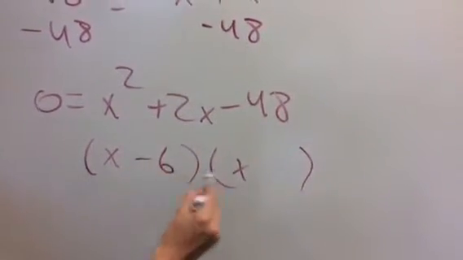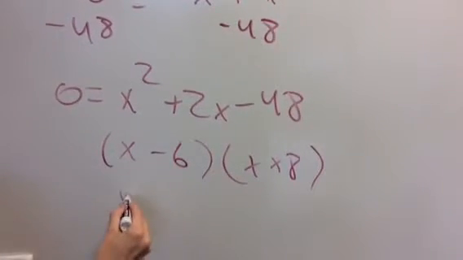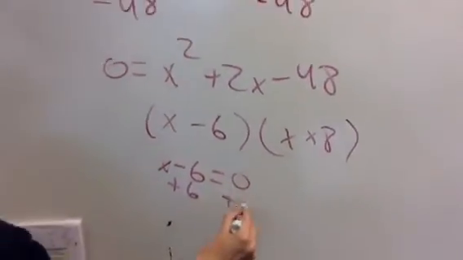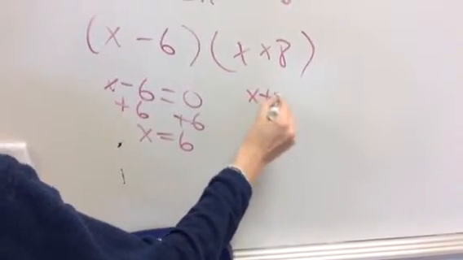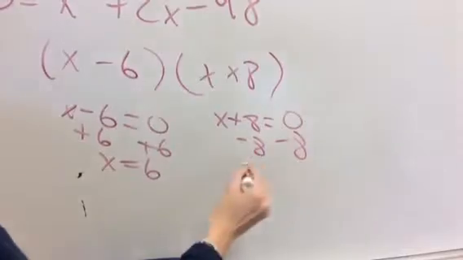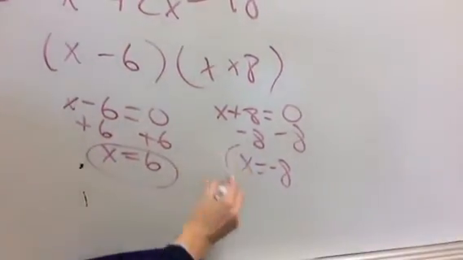So you have (x − 6)(x + 8). Then x equals 6 and x equals negative 8, and then you have your answers.